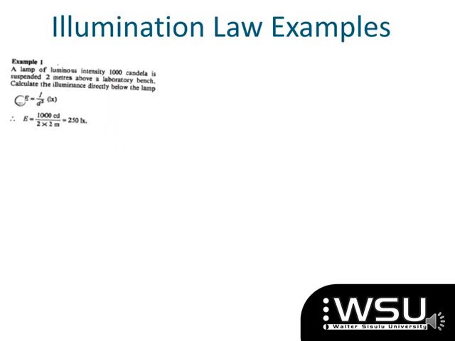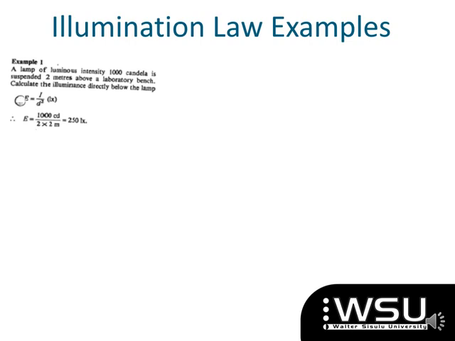Now we're going to be looking at a few examples shown on our leaflet on module 6, which you will find on Wise Up. The very first example has a lamp with an intensity of 1,000 candela, and it says that this lamp is 2 meters above our laboratory bench, your bench being the surface that we are shining upon.